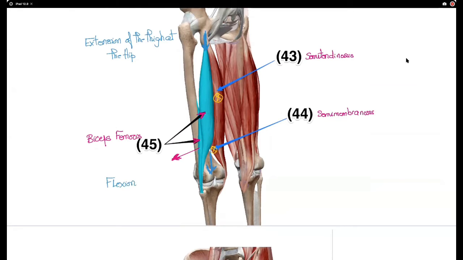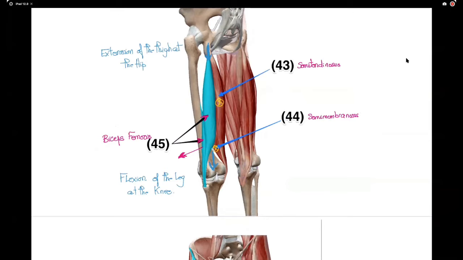So they allow flexion of the leg at the knee joint. All of the three of them are going to help with extension of the thigh at the hip and flexion of the leg at the knee joint. Question?